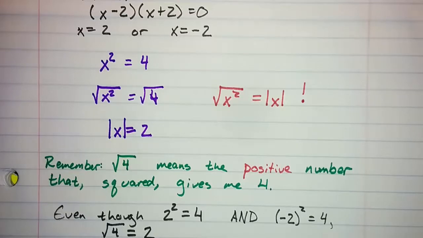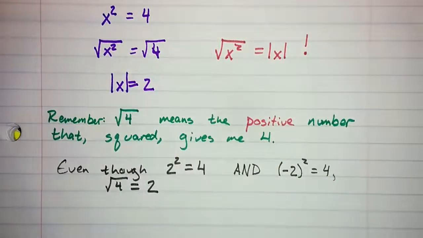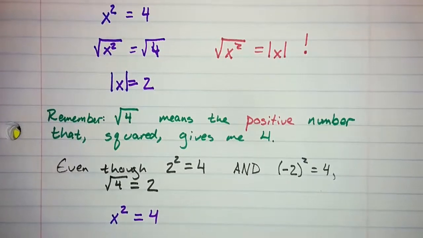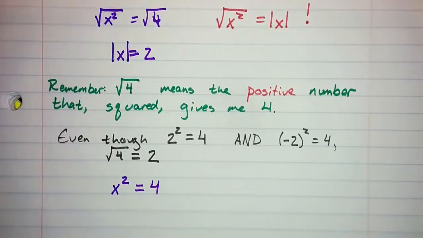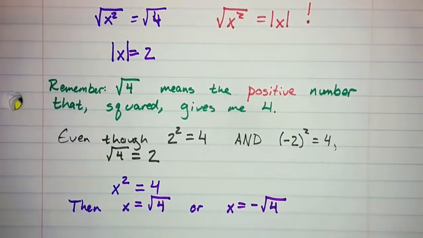No, because these always work out the same way. If I have an equation that says that x squared equals 4, there are 2 possible solutions. Either x is the square root of 4, or x is the opposite of the square root of 4.